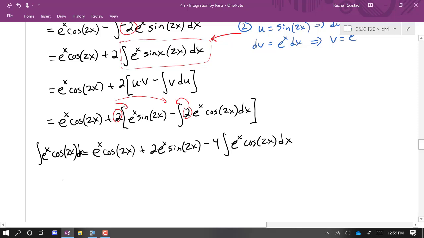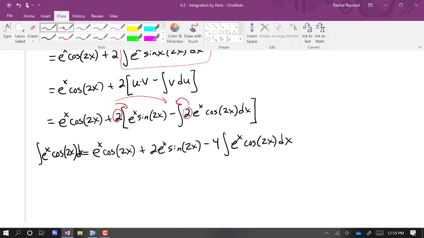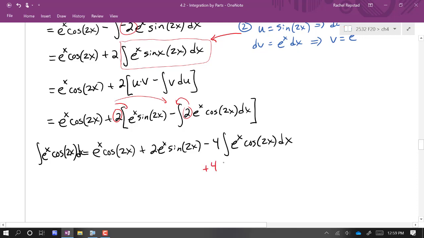Now we have an equation. Let's just use algebra now. We'll solve this equation for that integral. I'm going to add 4 times the integral of e to the x times cosine 2x dx to both sides.